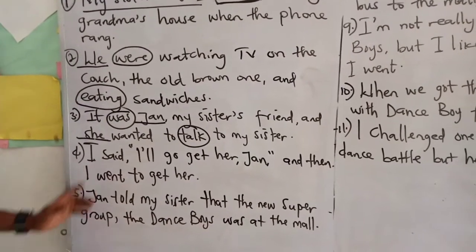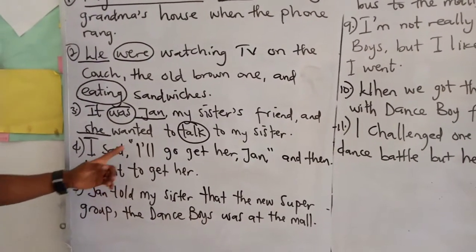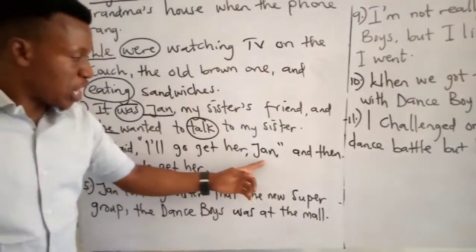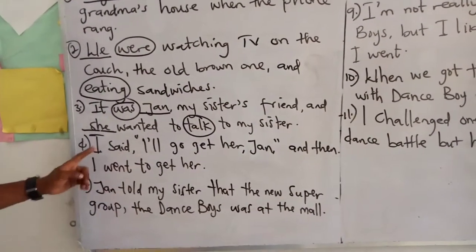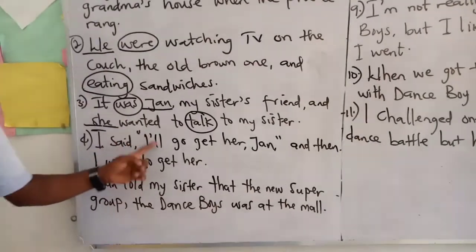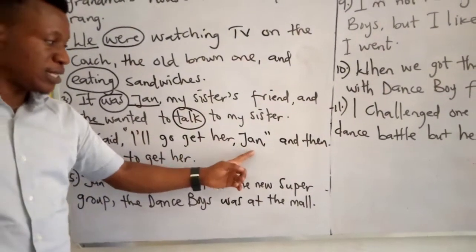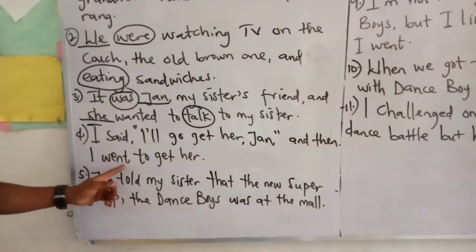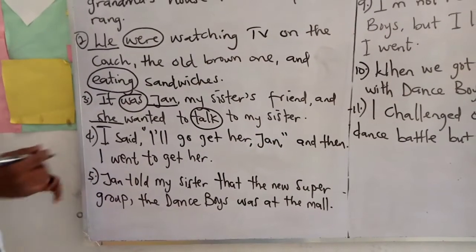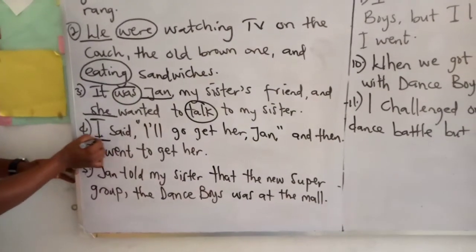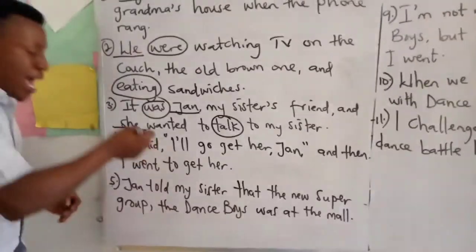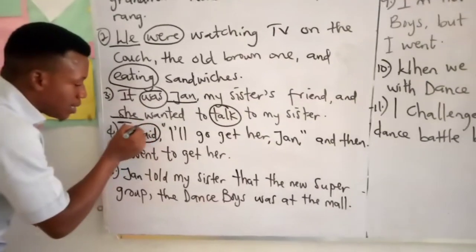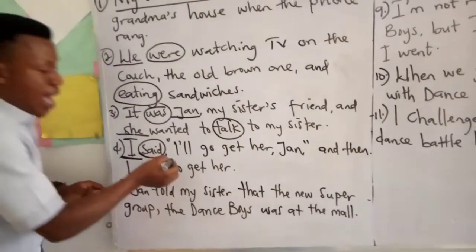Number 4. I said, I'll go get her, Jen. And then I went to get her. Subject, remember? I, the doer of an action. I said. I, this is your subject; said, predicate.